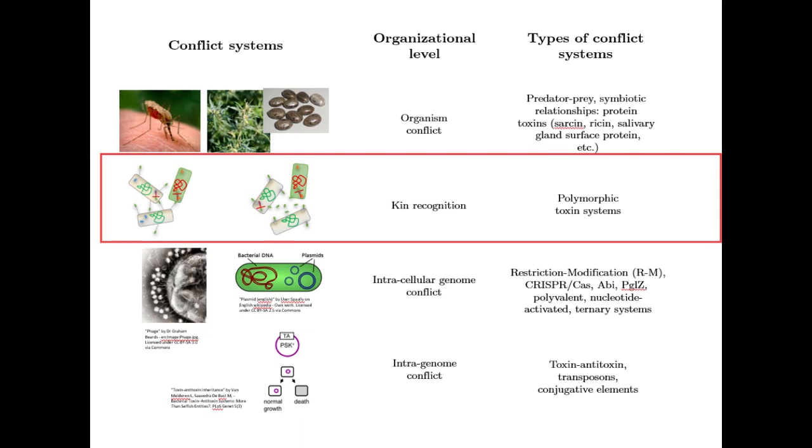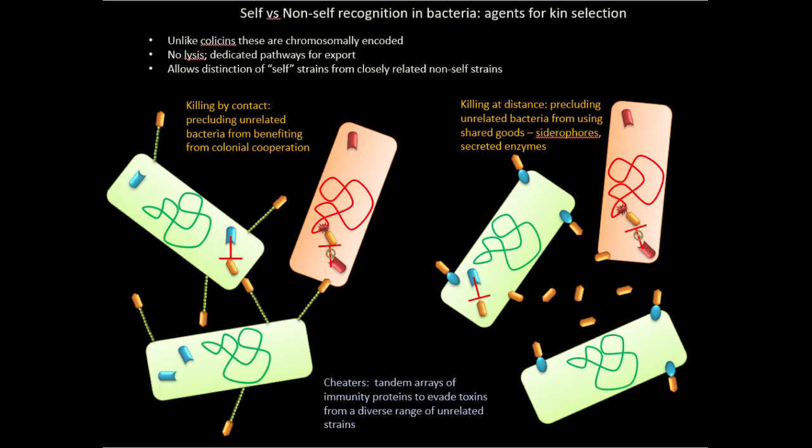In this case, the classic polymorphic toxin systems are involved in conflicts between organisms of the same species. So you can consider them two distinct strains, if you would like to use that term, each of which is encoding its own toxin, and they exclude each other. So here we add a determinant which could finally explain the phenomenon of kin recognition in bacteria and some archaea which had related systems.